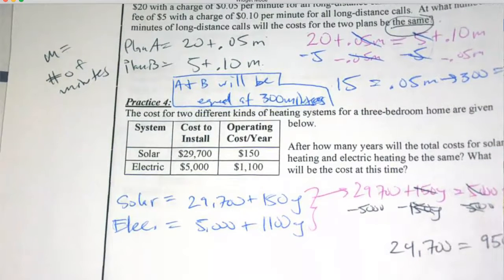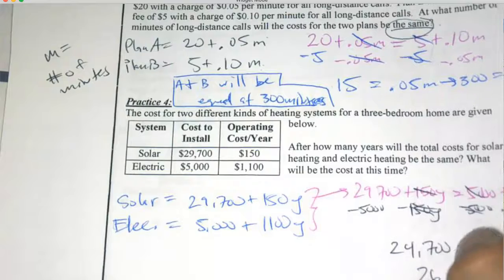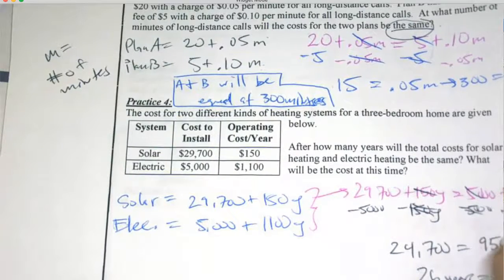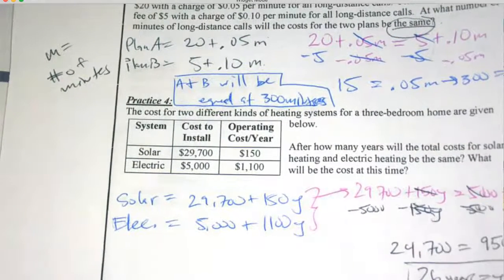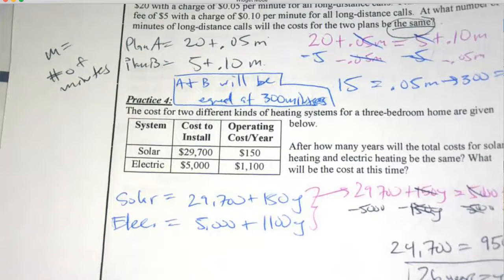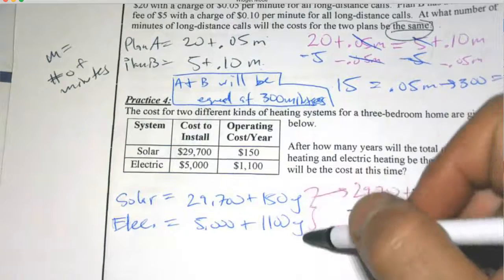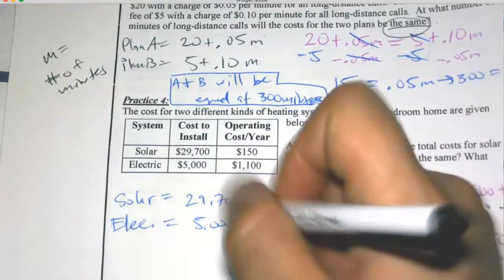So all we're saying here is that after 26 years, the two plans will finally have the same total cost. And then it says, well, what will that cost be? Since the cost will be equal, it doesn't matter which one I plug into, I should get the same answer.